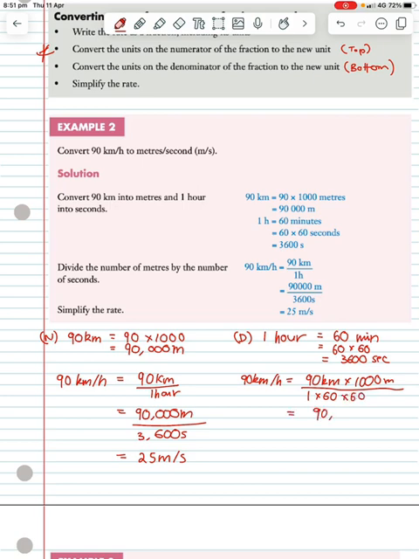So there's my 90,000 over 3,600, which will give me 25 meters per second. And that's meters and that's seconds. So either way is completely fine, whatever works for you.